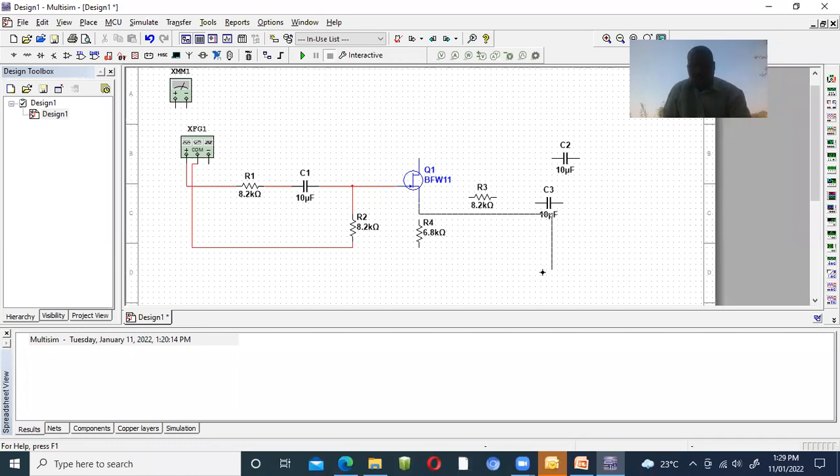There should be an internet problem. Okay, after all that, this part should be connected here. It is nothing but this resistance connected here. Okay, here. After all that, we have to use this resistance.